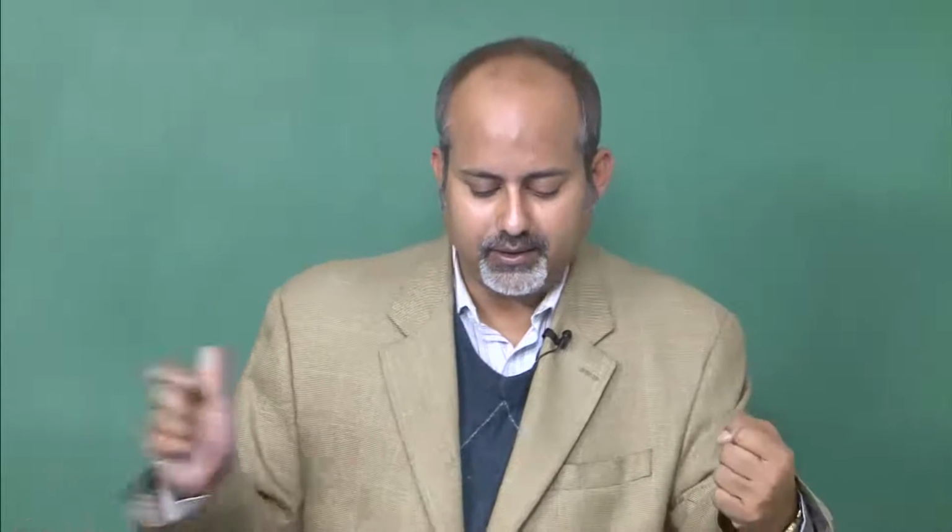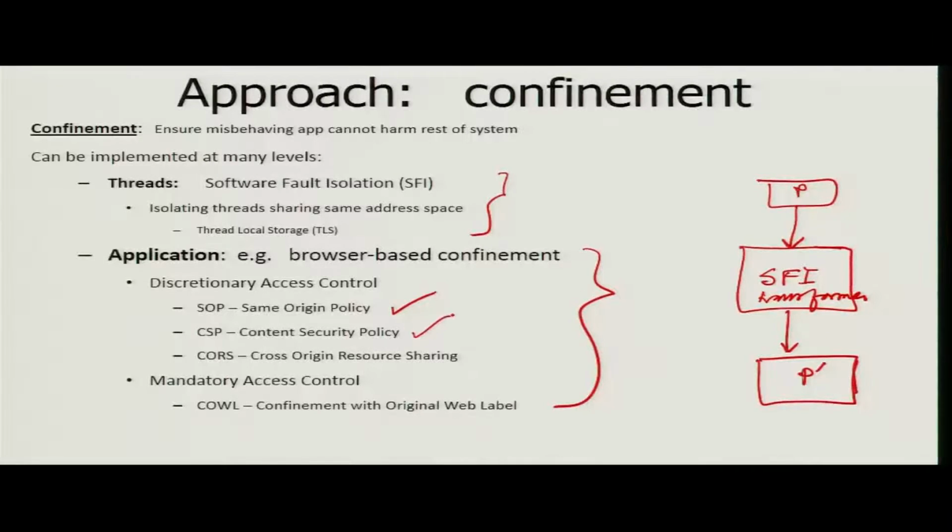So there is the same origin principle, and content security policy. This is a kind of metadata that comes with the web content, and the web browser should be cognizant of the content security policy and enforce it accordingly. Then there is cross origin resource sharing, which is basically to share certain resources in various iframes and so on, and confinement with origin at the web level, where the web content is labeled for various security control, and this is mandatory access control based.